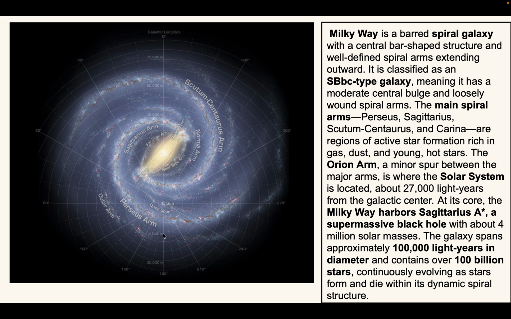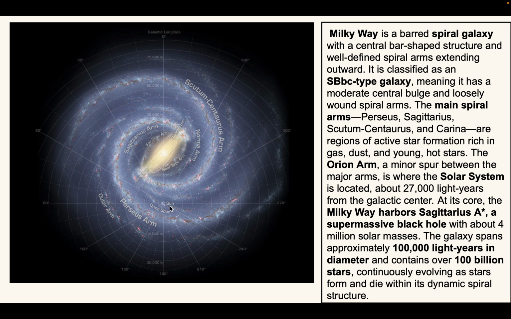And near our Sun there is the Orion spiral arm. The Orion arm, a minor spur between the major arms, is where our solar system is located.